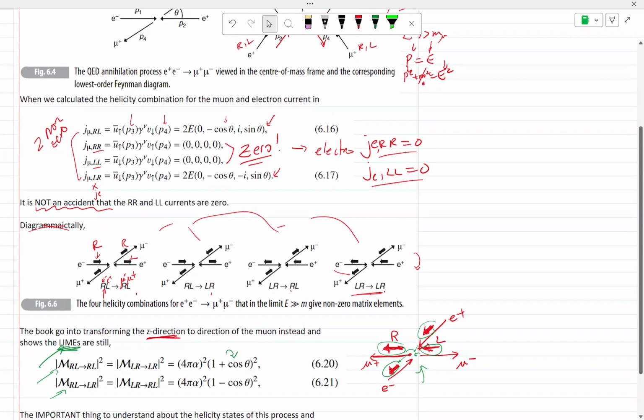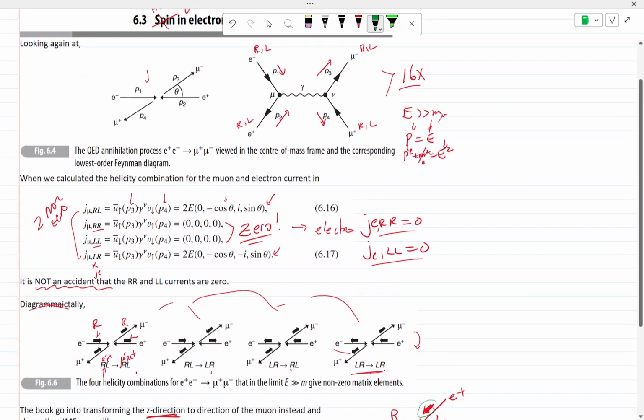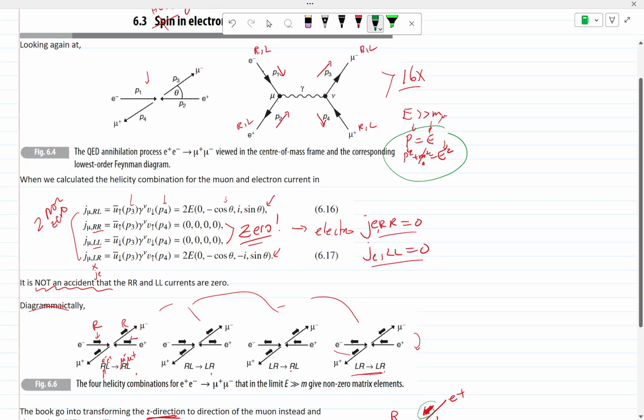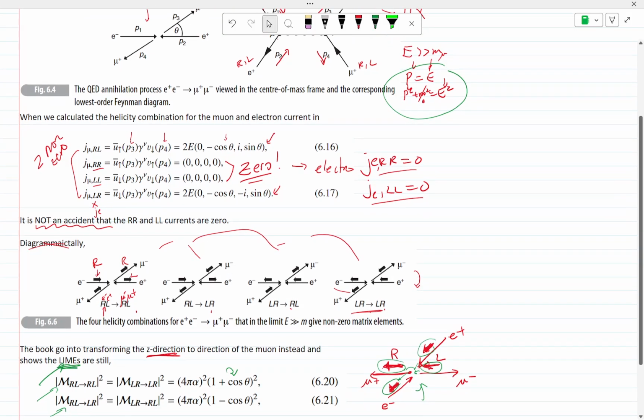There is a simplification here just because we're in the high energy regime. Going back up here, this is a frame dependent thing, but as long as your electron and positron are at high enough energy, it doesn't matter which reference frame you're in.